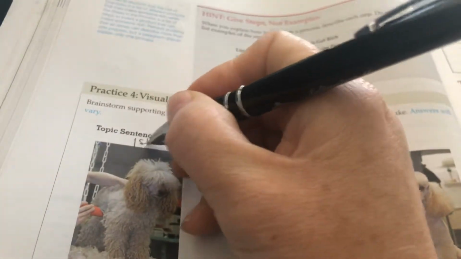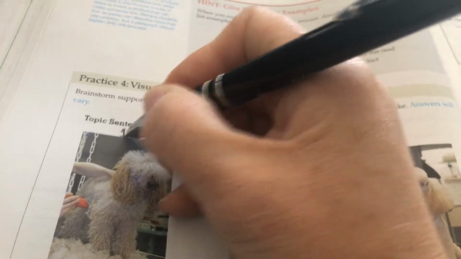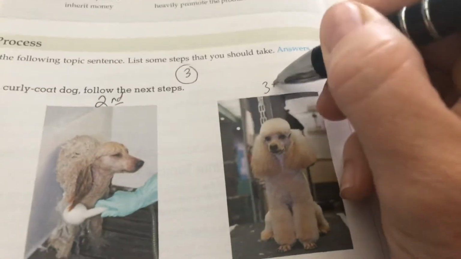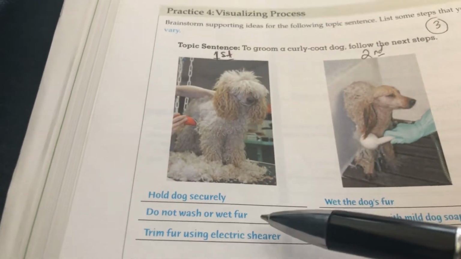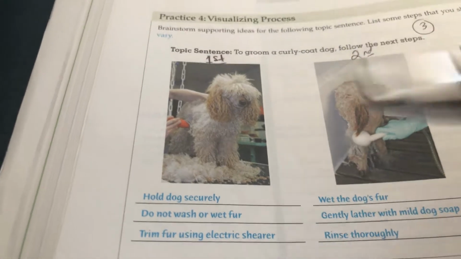This is the first step of the process. Okay, what's the first step? Hold dog securely. Do not wash or wet fur. Trim fur using electric shears.